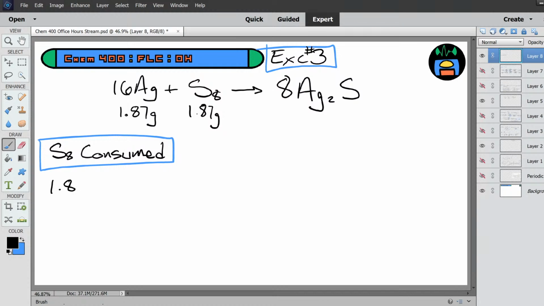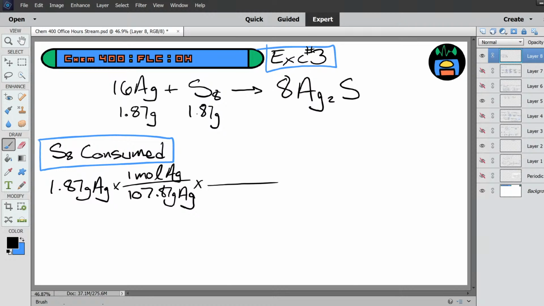We start with our mass of limiting reactant, convert it to moles. So 107.87 grams of silver in 1 mole. Times, now we've got to convert from moles of silver to moles of S8.